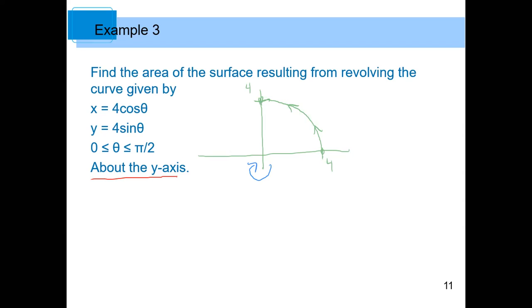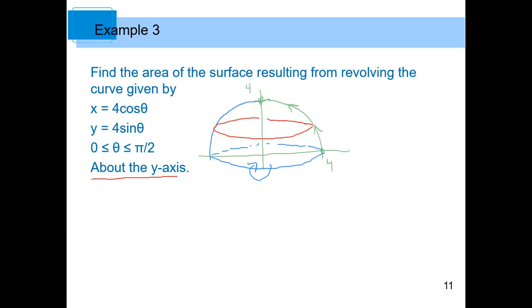So if I do that, let's see if I can pull this thing off here. There's that. Okay, that's looking pretty good. We would probably want to try to slice this thing like this. See what I'm saying?